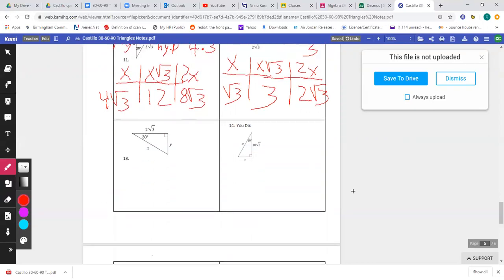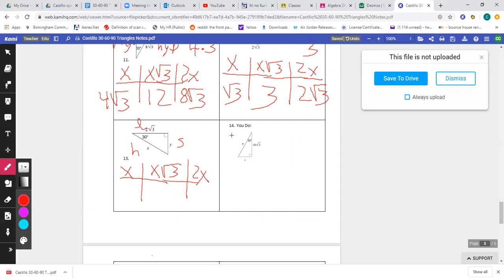Or actually, instead of writing out short, long, and hypotenuse, I'm just going to put S, L, and H. Okay. So in this problem, what do they give you this time? They give you the long leg.